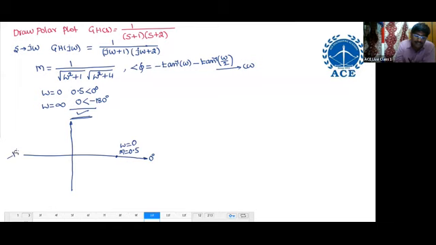Minus 180. What is the magnitude? 0. So like this. Now the direction is clockwise.